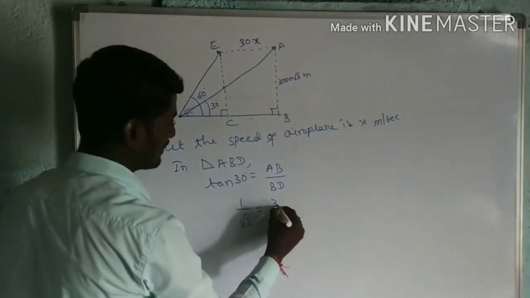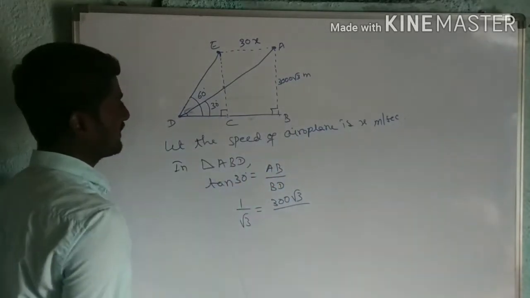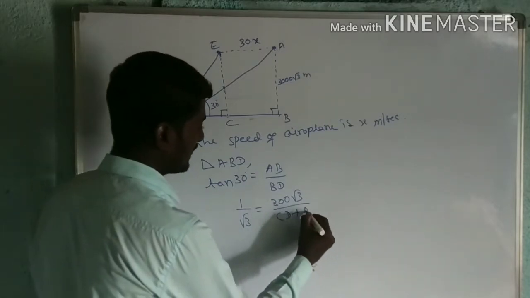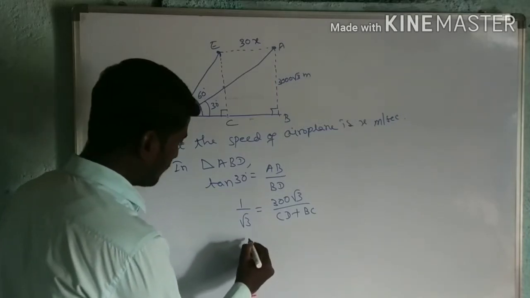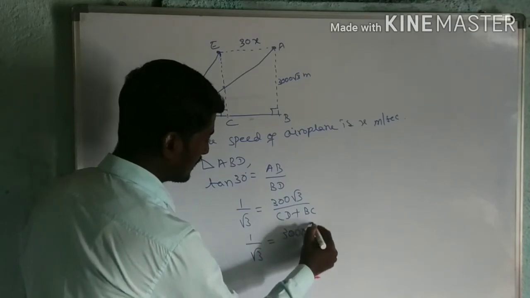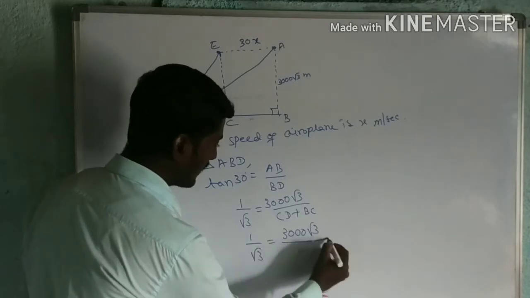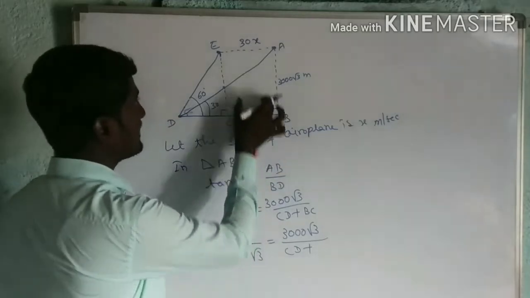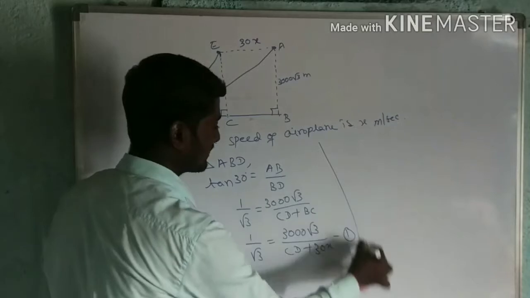AB is 3000 root 3, divided by BD, which I can write as CD plus BC. So 1 divided by root 3 is equal to 3000 root 3 divided by CD plus BC. I don't know CD, so I will write it as it is, plus BC, which is 30x. I will keep this equation as it is.